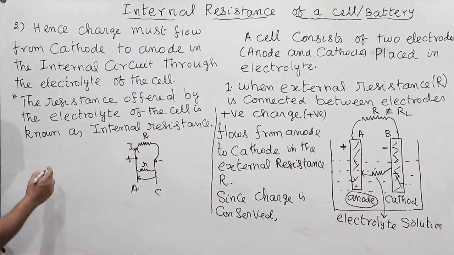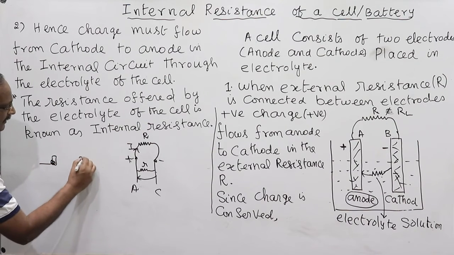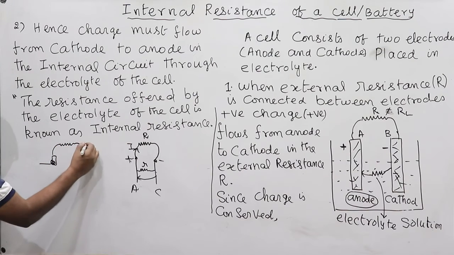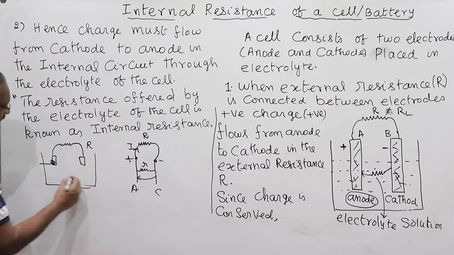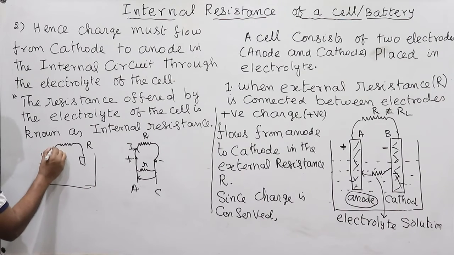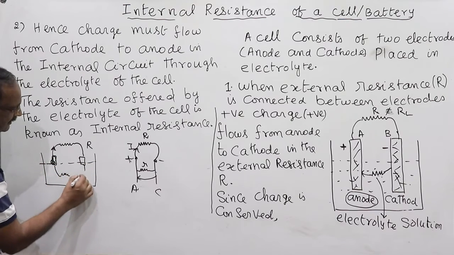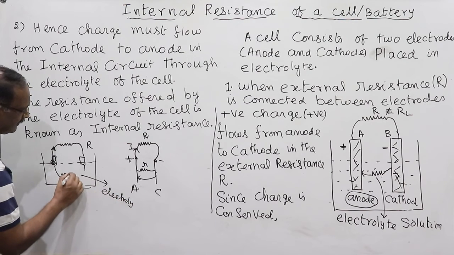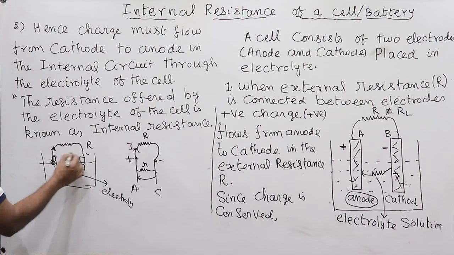It appears as if this is one terminal and this is another terminal, and when they are connected by an external resistor R, through this portion, the electrolyte, there is an internal resistance. The current flows from the negative side to the positive side.